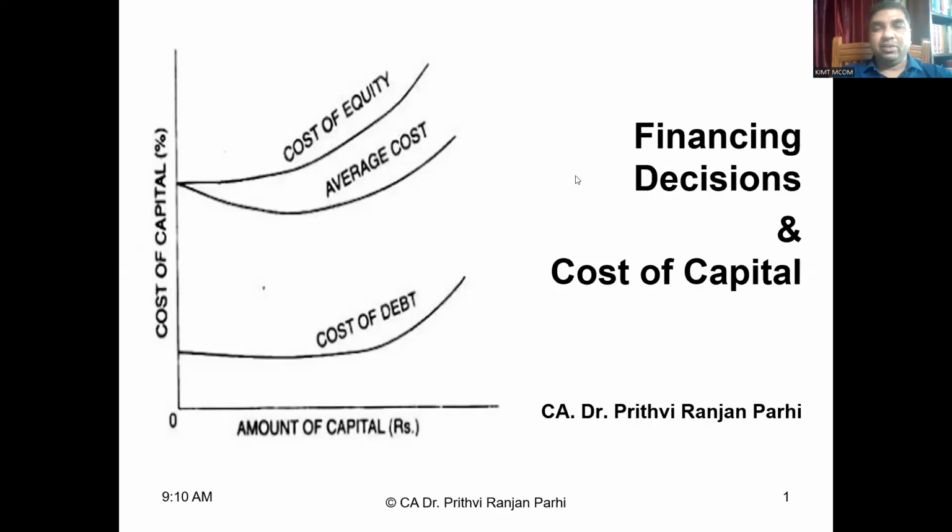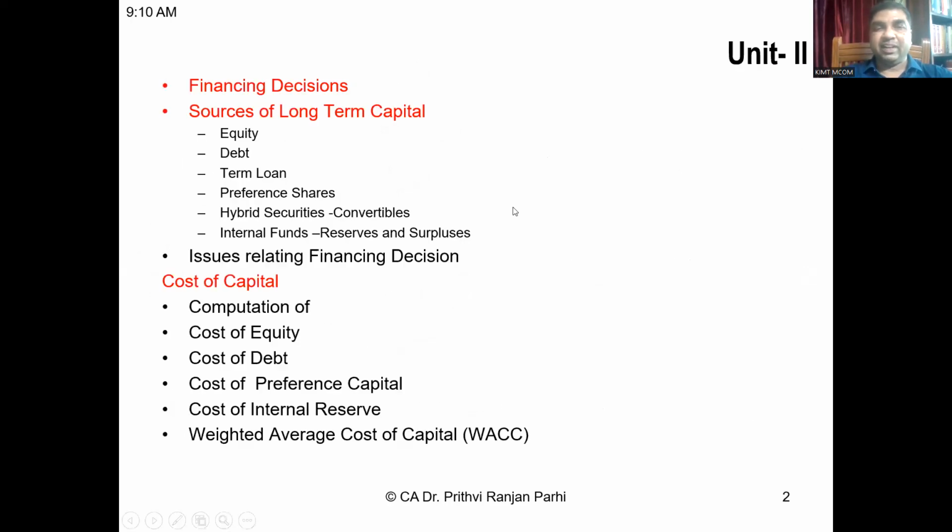So earlier also I had shown you our syllabus content. If you see the syllabus content of our second unit, it appears like this. This unit deals with various types of financing decisions. And within that, we'll be learning about various sources of long-term capital.